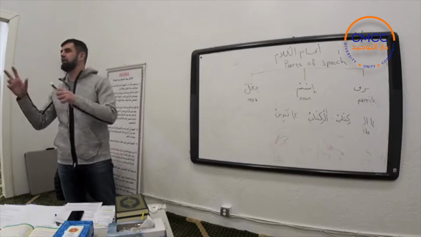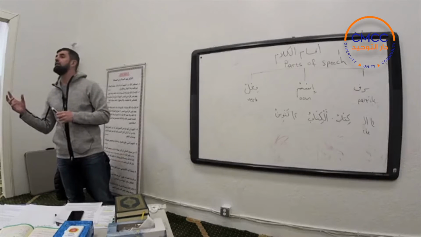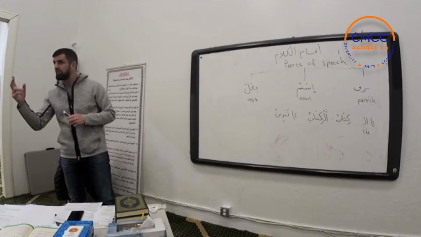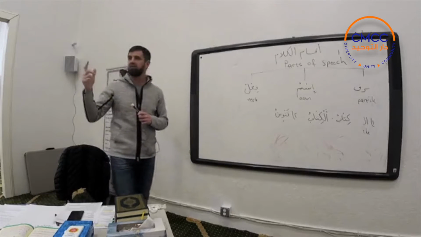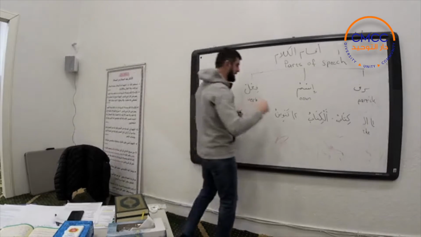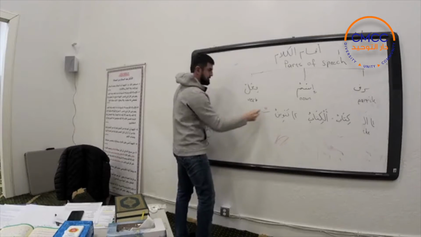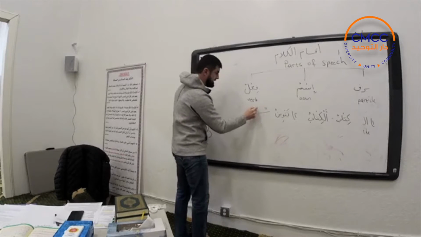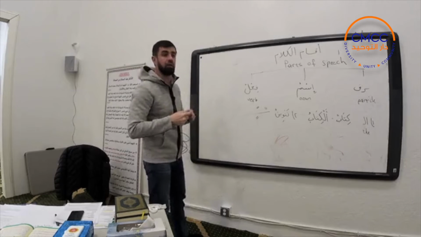Okay, but we have three types of tanween, right? Dammatun, fathatan, right? And kasratin, right? So this one is dammatun, this one is fathatan, and this one is kasratin.